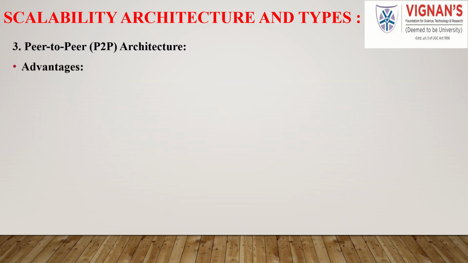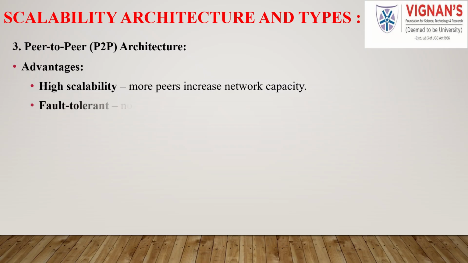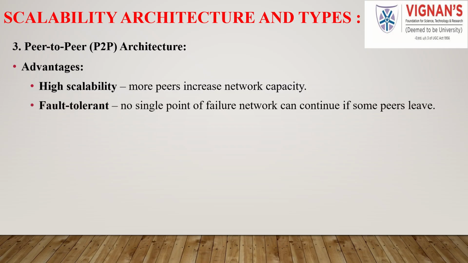The advantages of peer-to-peer, or P2P, architecture include high scalability, because adding more peers increases the network's capacity. It is fault-tolerant, meaning there is no single point of failure, and the network can continue to function even if some peers leave. P2P networks also make efficient use of resources, utilizing the idle resources of all peers.